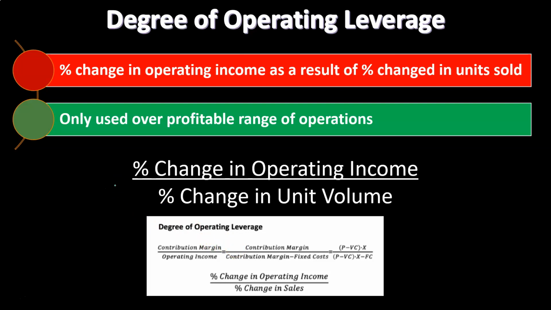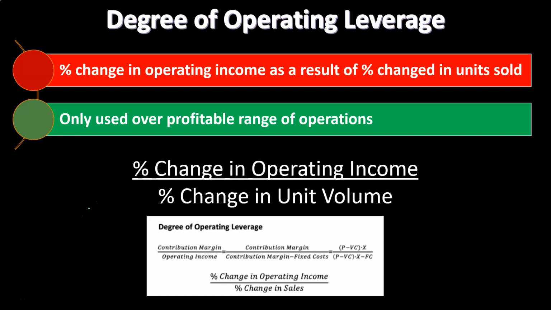So if you can't work that out from the data you get from the normal income statement and you're external to the company, just using the public financial statements, then you might be able to take 2 periods and look at the change in operating income over the change in the unit volume. Or instead of using the change in the unit volume, you can use the change in sales, which if you had a constant unit price, should be a similar relationship between the two.